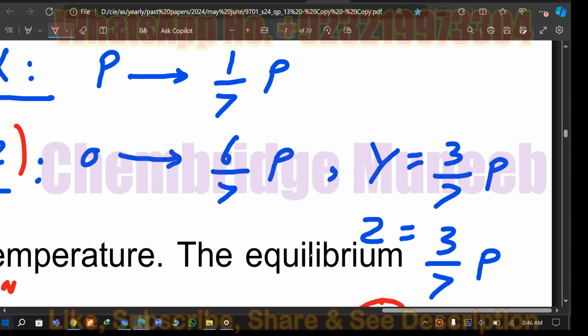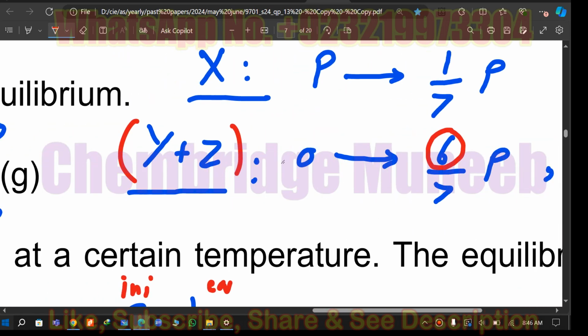So Y will get half of this value, half of 6 is 3, so 3/7, and the other half, which is Z, will get 3/7. So both Y and Z are getting half of the 6/7, so it becomes 3/7.